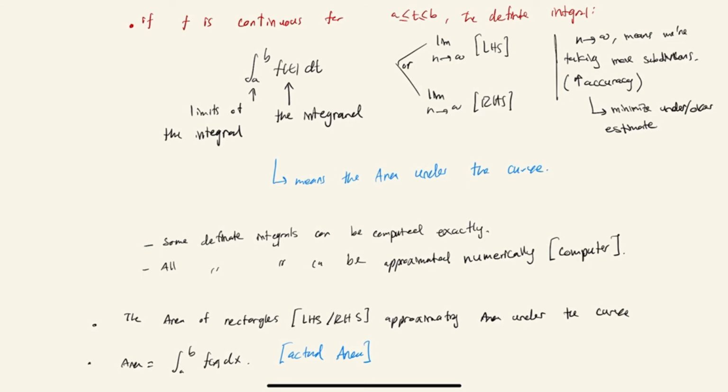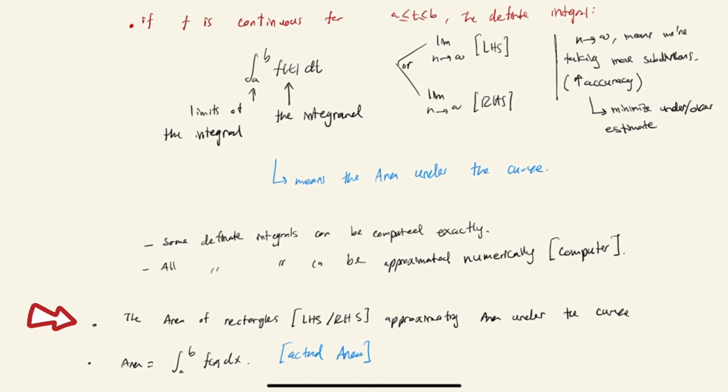Now, the definite integral means it's the area under the curve. In some cases, it can be computed exactly, but for most cases, this definite integral can be approximated numerically using a calculator or a computer.